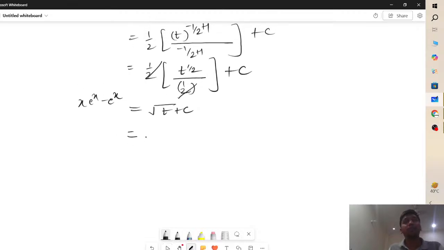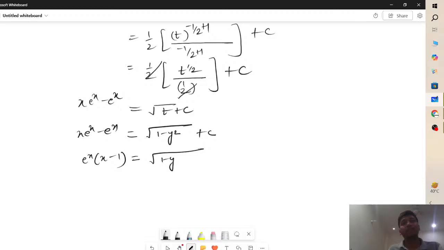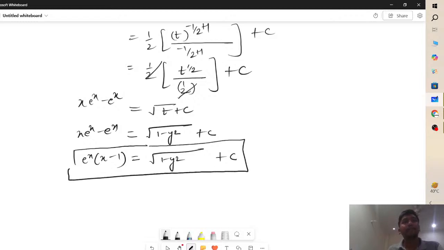So here we put the value of t, which is 1 minus y square, plus c, equals x e^x minus e^x, which further can be written as (x minus 1) e^x. Taking e^x common from the left hand side, we get the final solution, which is (x minus 1) equals under root 1 minus y square plus c, which is our general solution. Fine.